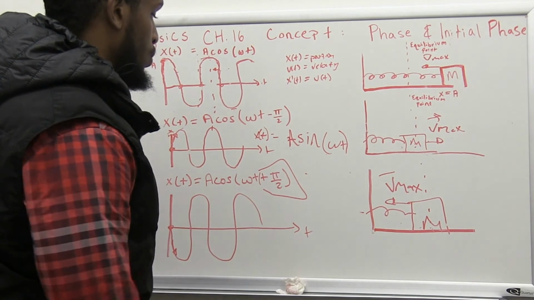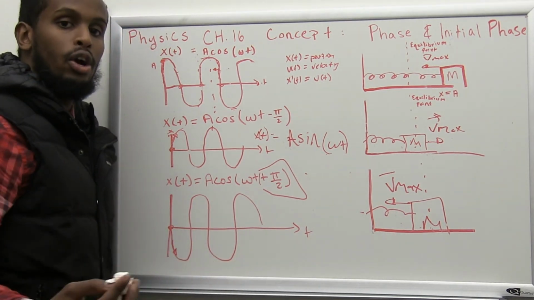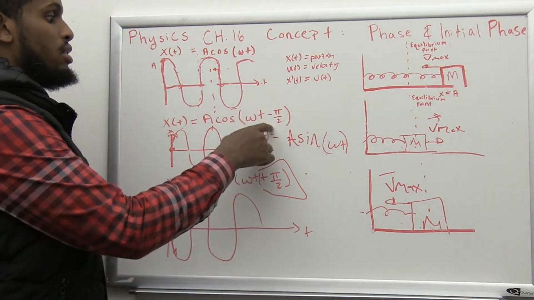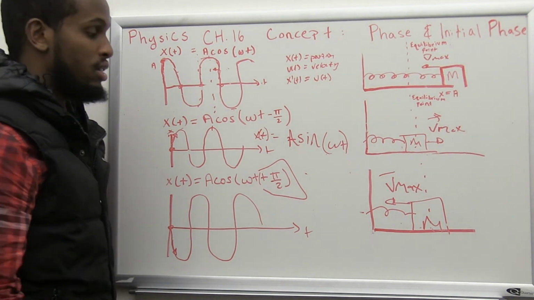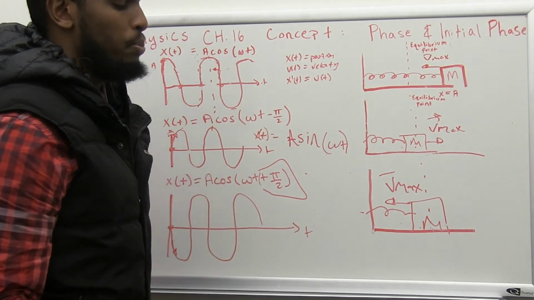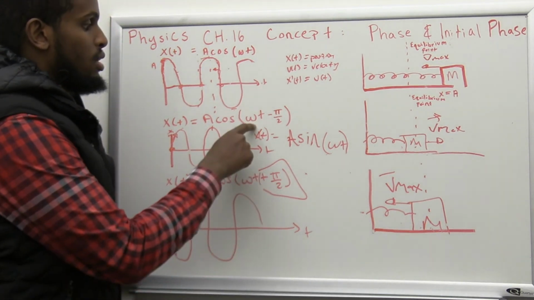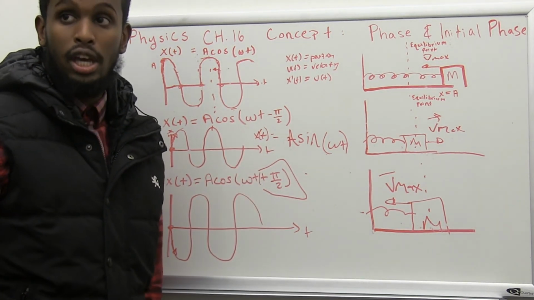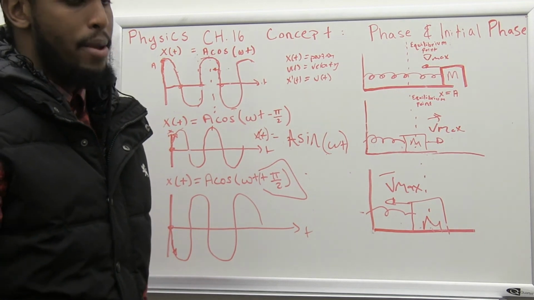So if they throw something at you on homework or an exam, phi is the initial phase. If they ask you what's the phase, it is this. And if they ask you angular frequency, it's the w, and angular frequency is related to k and m, right?